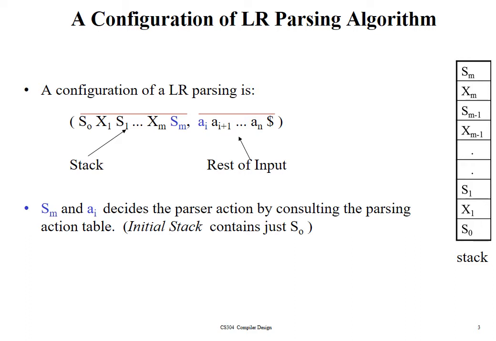So this Sm and ai decide the parser action by consulting the parsing table. That means based on the state, which is the current stack top, and the input symbol currently pointed to, we have to observe the parsing table and perform the LR parsing.